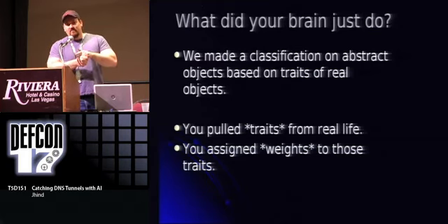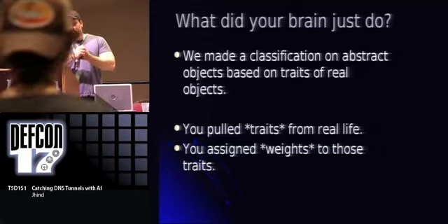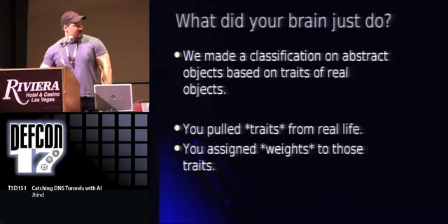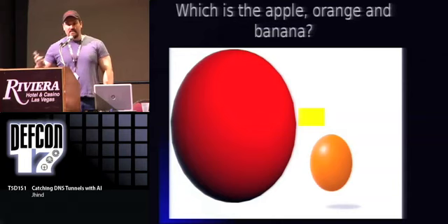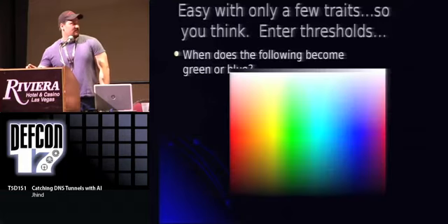For that classification decision, we don't care what the apple tastes like, we don't care that it's crunchy, so you discarded those, and you took 2 traits, you took color and shape, and you assigned a weight to those. You said one of those is much more important than the other. So even if you didn't realize it, that's how your brain works. You took an abstract concept, and you pulled the weights and traits out of it. So we're going to talk about traits and weights a lot.